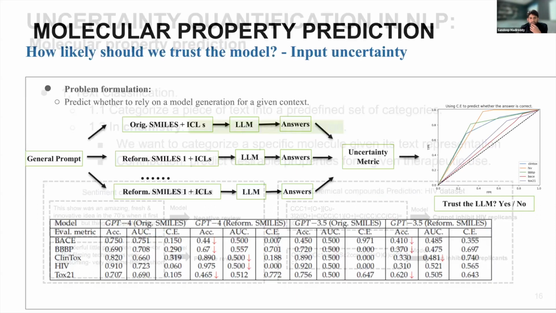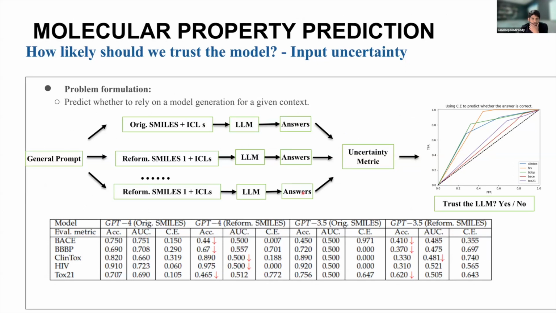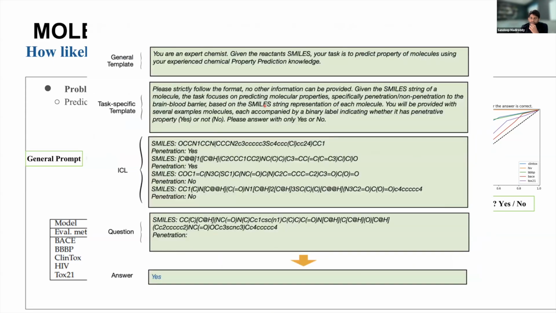In this scenario, what we looked into is how we can characterize the input uncertainty, as in how the prompts are written and given to the model. The prompt can have a general template saying the model is an expert and how it can expect the input to be given, and a task-specific template where it is told that the data belongs to something chemistry-specific, like here, blood-brain barrier prediction.